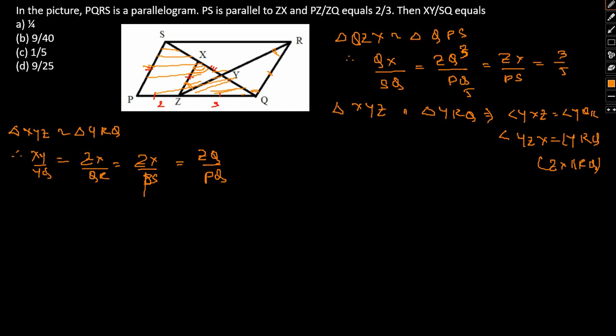Now let XY by SQ equal A. This would further mean YQ by XY equal to PQ by ZQ.